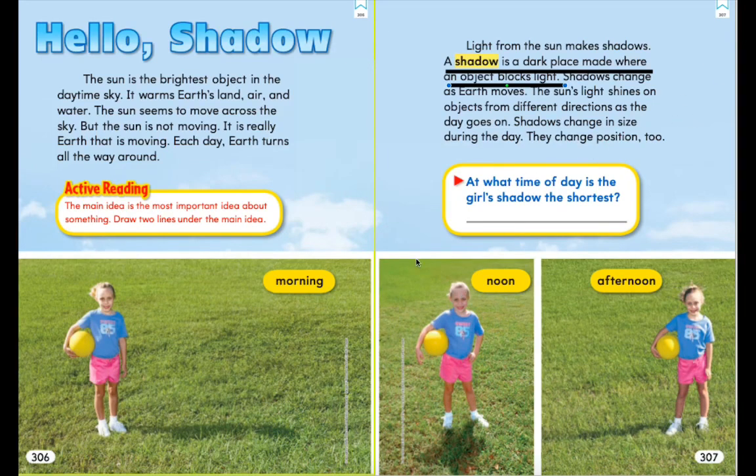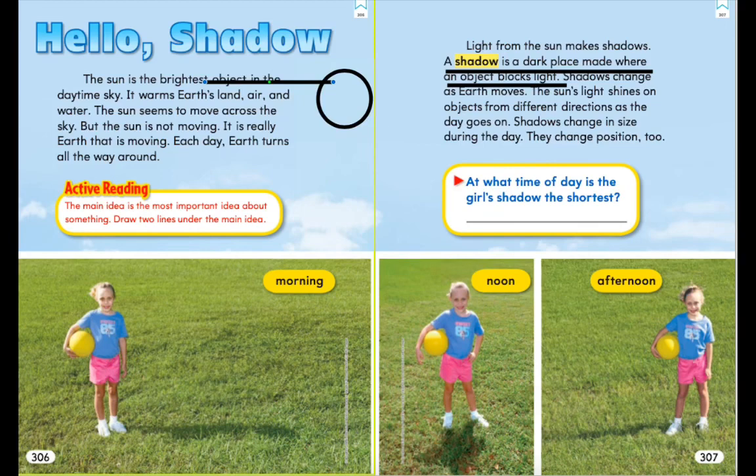So when the sun is coming from here, let's talk about the morning first. In the morning, the sun is coming from the east over here. When the light comes to the girl, the shadow comes to the west. Let me explain it again.